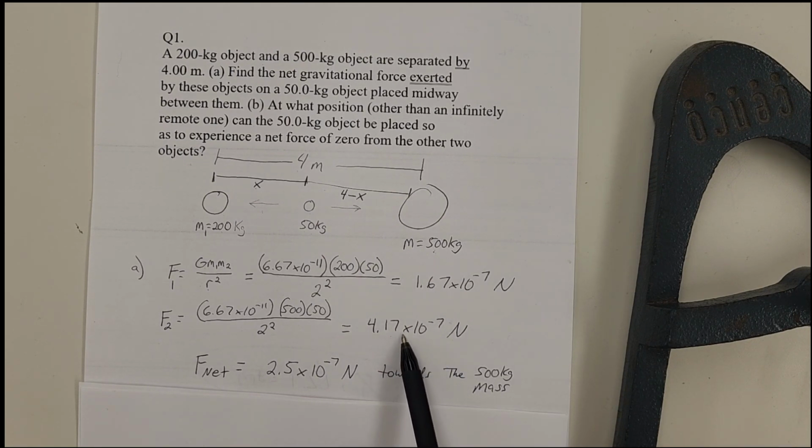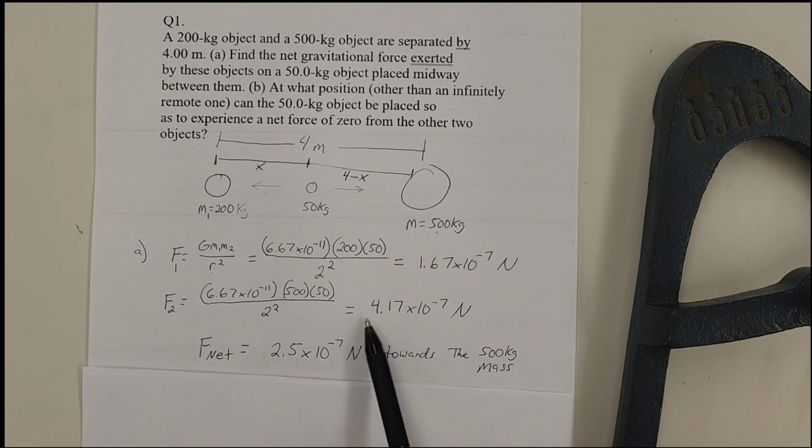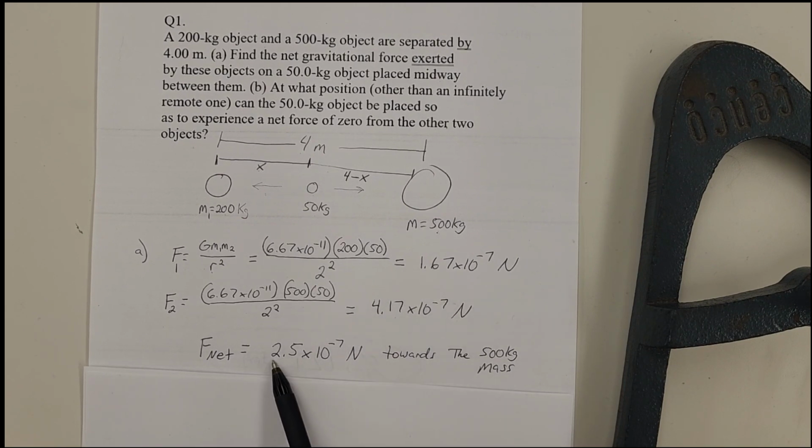So we see that this one is larger, which is probably what we should have expected, being that this mass is bigger, it'll have more gravitational attraction. So we need to subtract the 1.67 from the 4.17. If we do that, we should get a net force of 2.5 times 10 to the negative 7 newtons.